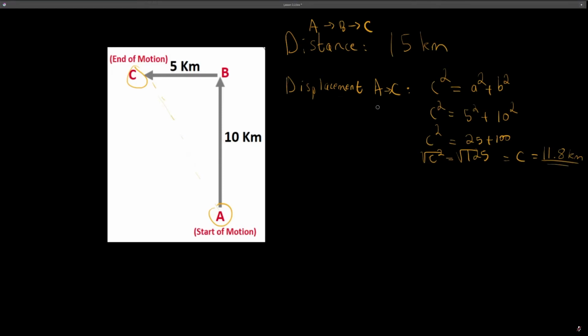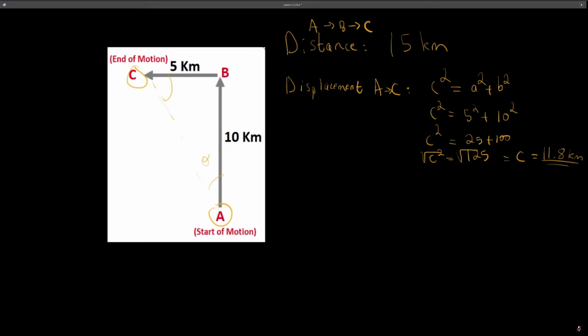Now, if we want to specify the direction from A to C, it would be hard because we should find the angle. If we want to find the exact angle, find angle theta here, so we need to calculate it.